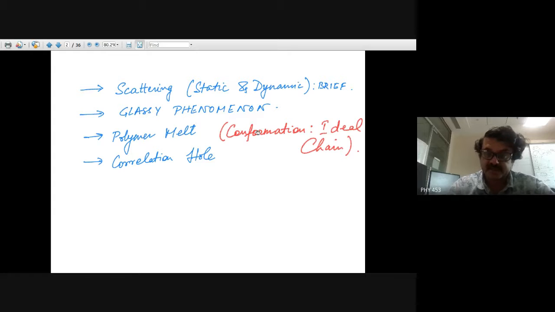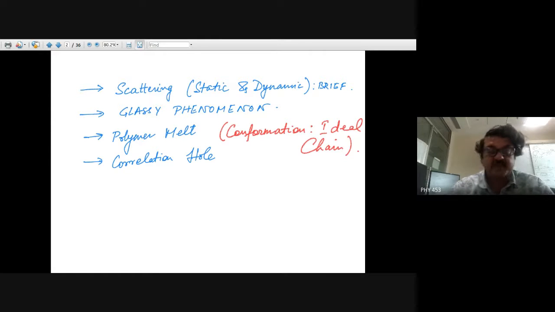And the most interesting idea is that the conformation of the individual polymer chain in a melt is an ideal chain. Okay, so it's a Gaussian ideal chain. So actually interactions, interchain and intrachain, get cancelled out so that the conformation is similar to that of an ideal chain.